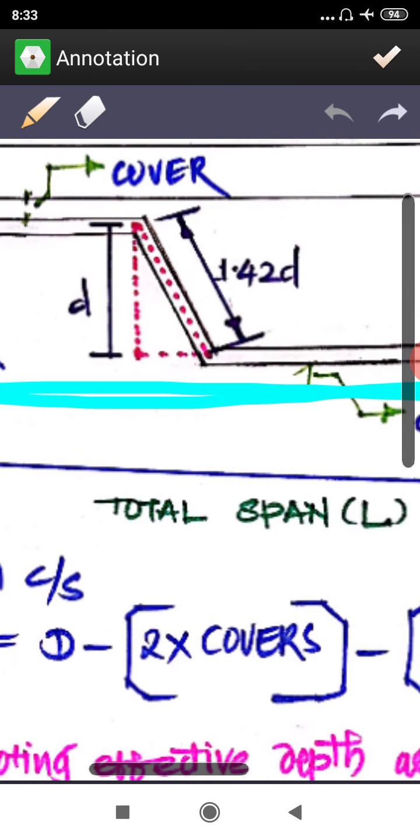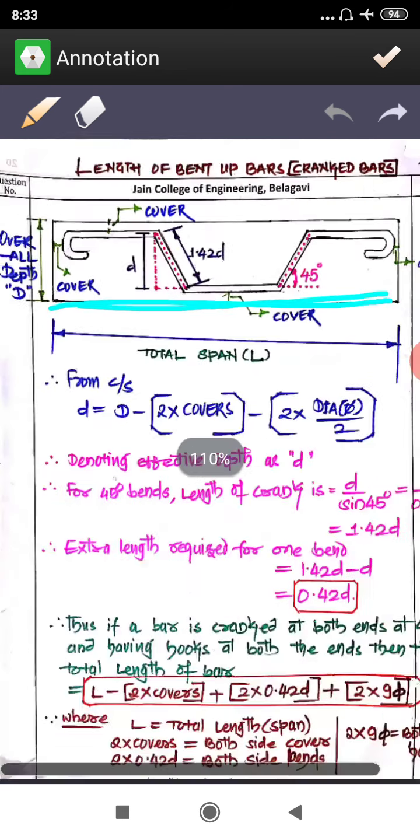This is center to center, shown as d, then this is also d, and if you use Pythagoras or the sine rule, this is going to be 1.42 d.